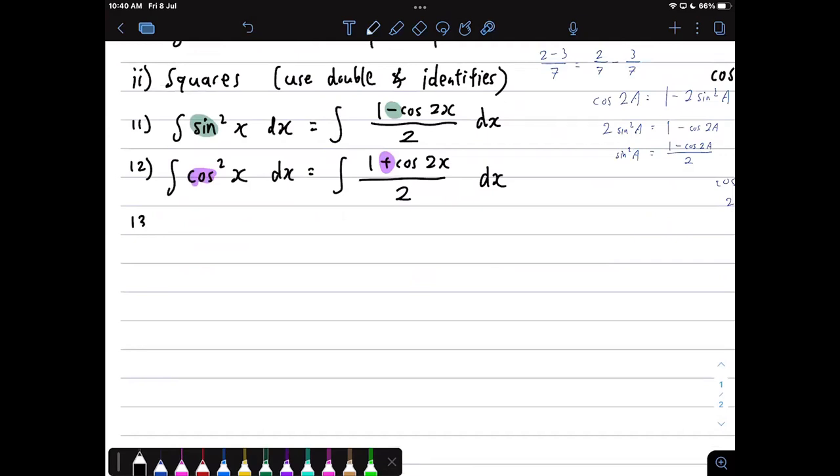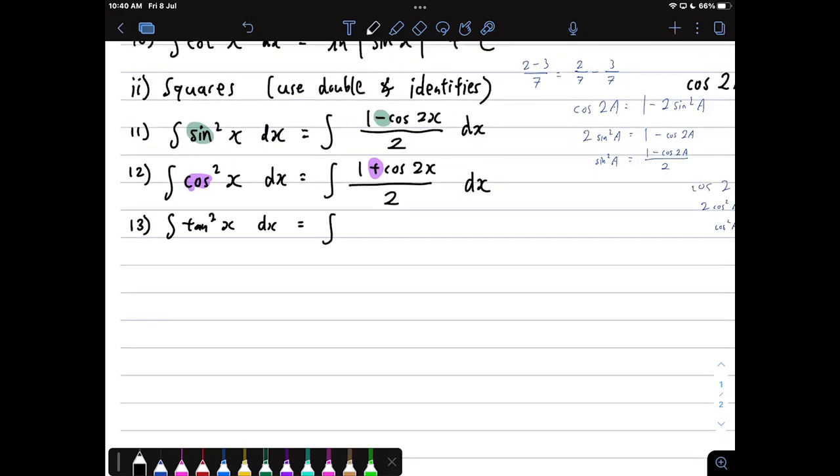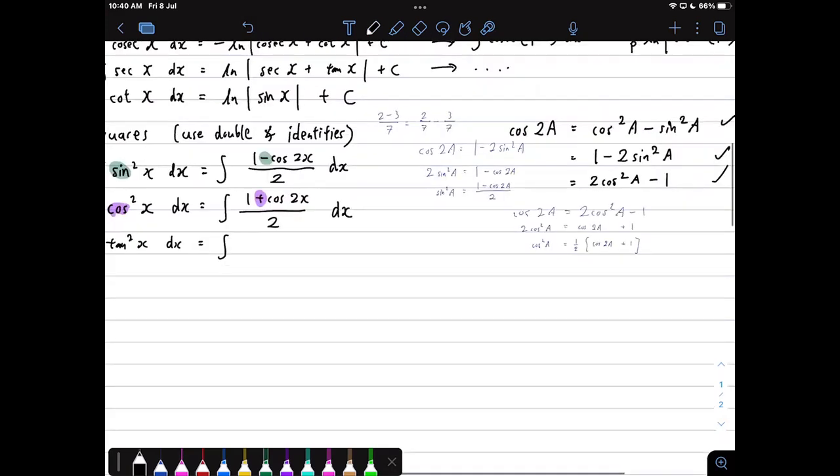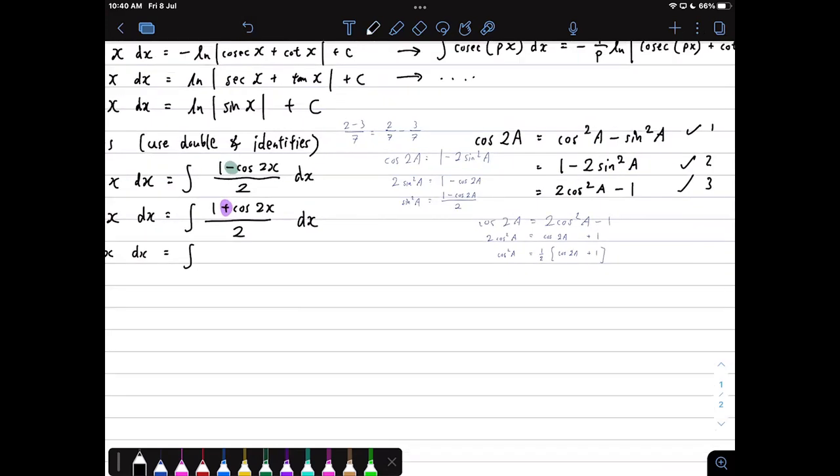Number 12. Number 13, we've got the integral of tangent square dx. This one equals, you need to use a formula. Do you remember that 1 plus tangent square equals secant square? Do you know this formula? Yes.